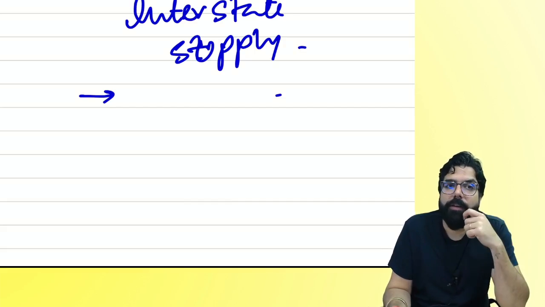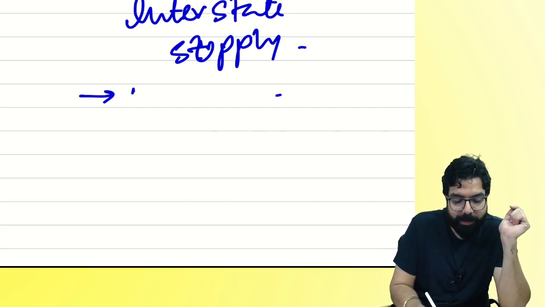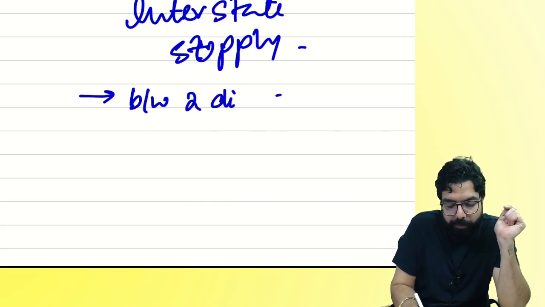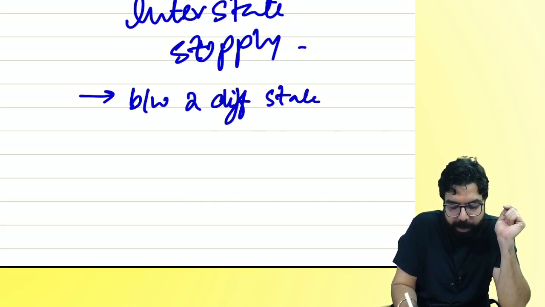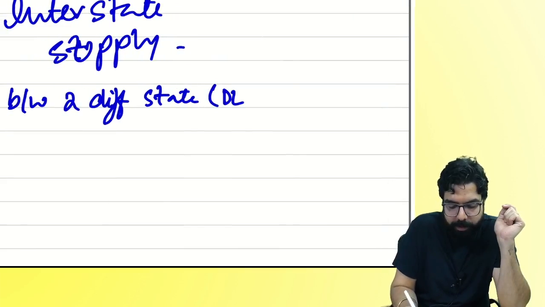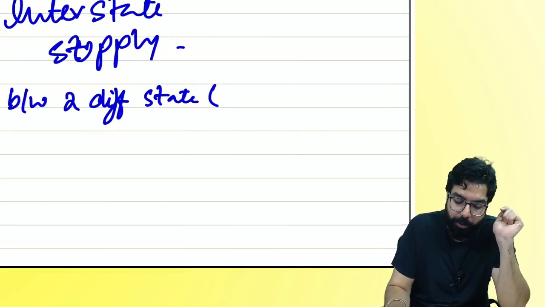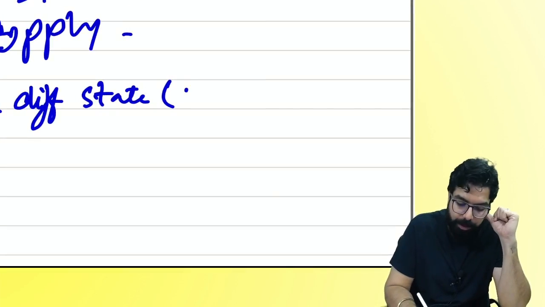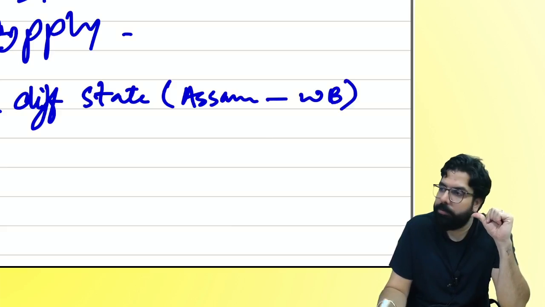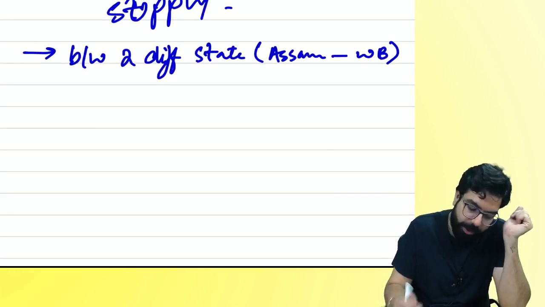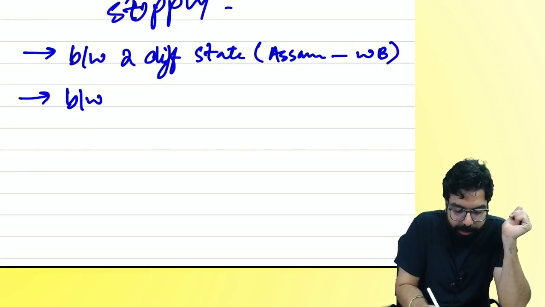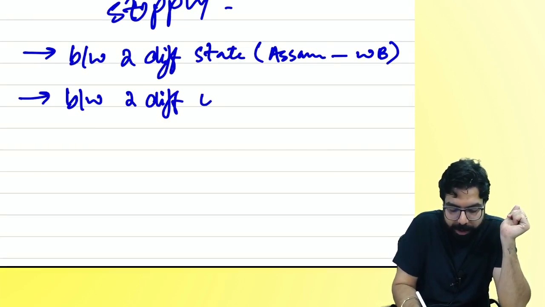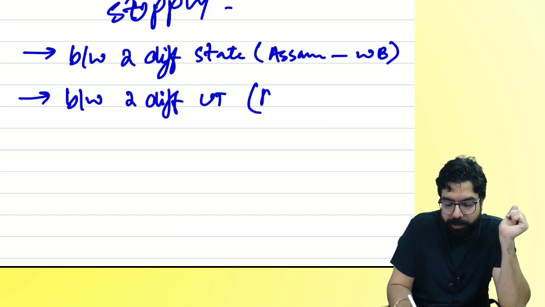What is interstate? Whenever a transaction happens between two different states. Can you give me an example, everyone? Assam to West Bengal, two different states. Between two different UTs, can I say? One is Andaman and one is Chandigarh.